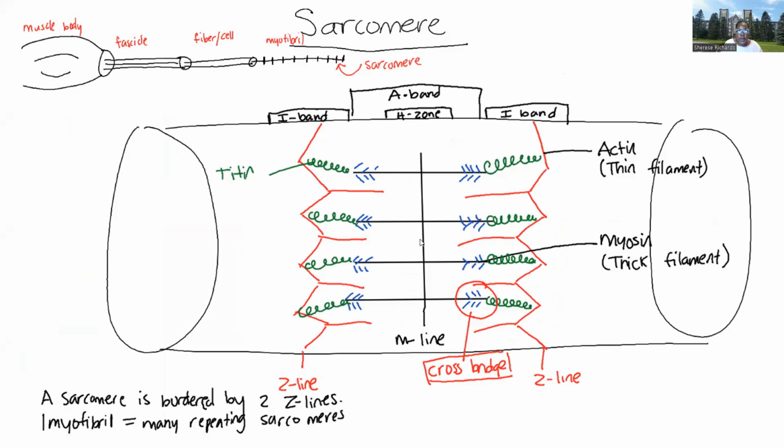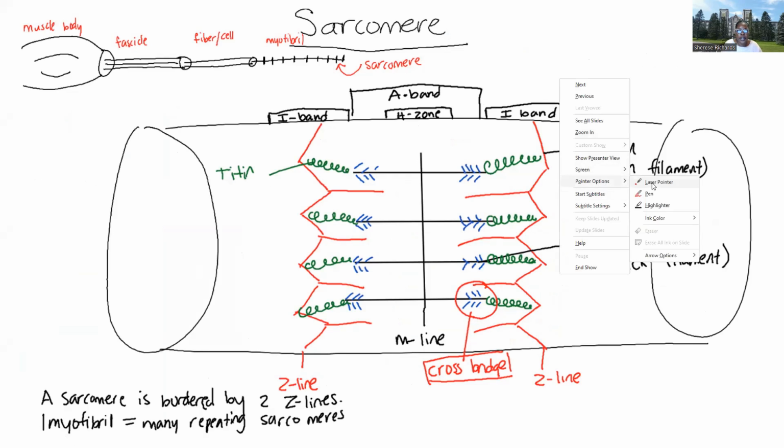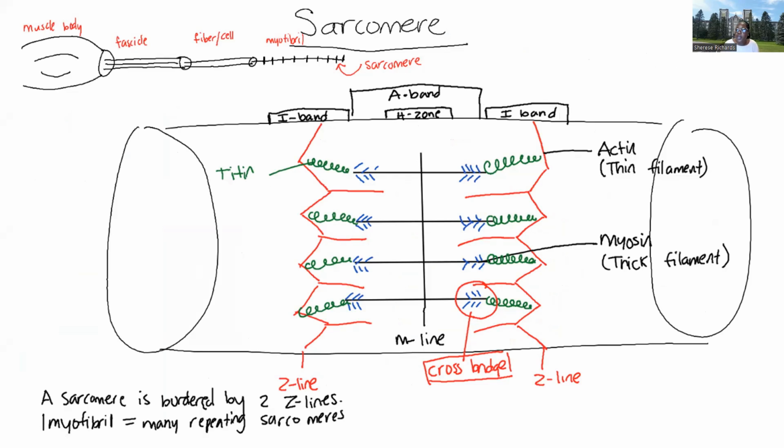Okay, so we've got this illustration that shows the structure of the sarcomere, where it is in comparison to the entire muscle, as well as the different components and regulatory proteins that are associated. So here's our muscle body. This is covered by the epimysium again.